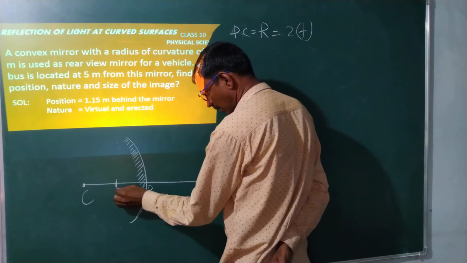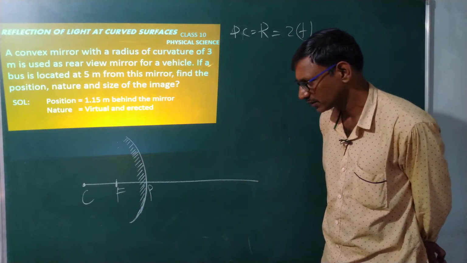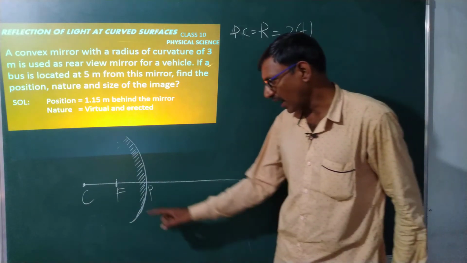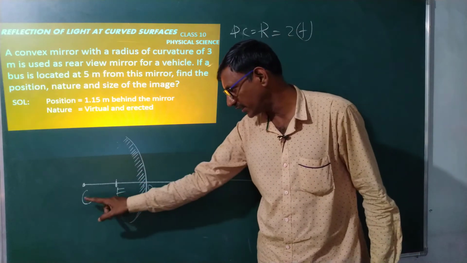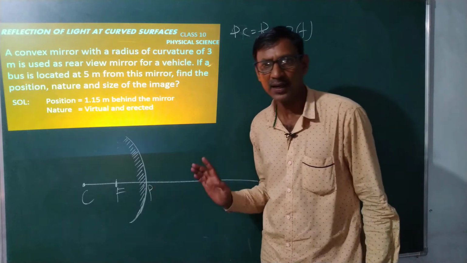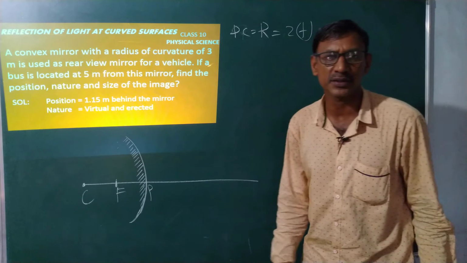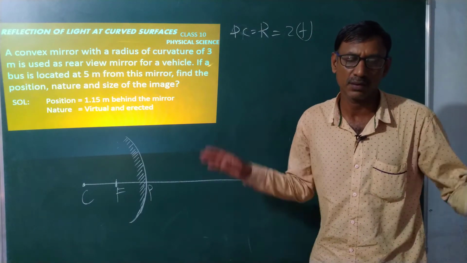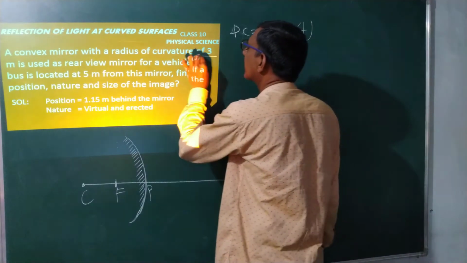This is my focal point. F is the midpoint of C and P, therefore PF is always half of PC. Okay, everything clear?